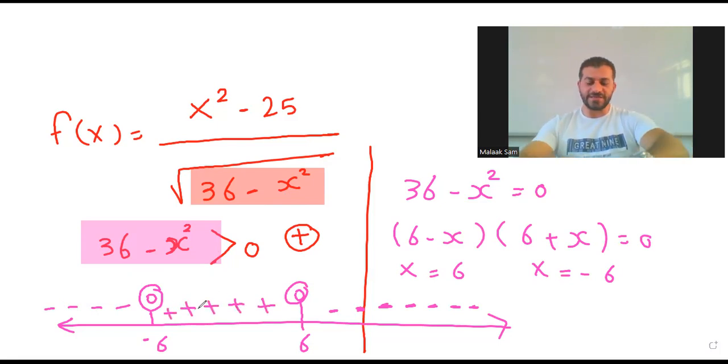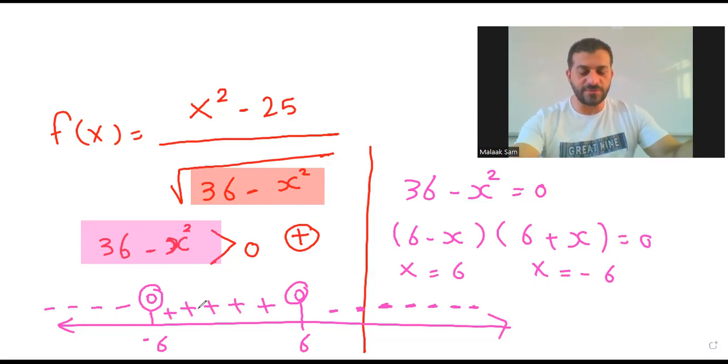To make it more simple, on the two terminals of the number line, the sign of the function is going to be like the sign of the coefficient of x squared.